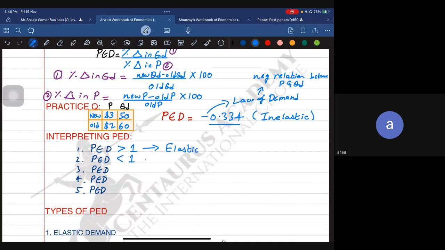Less than one, it's price inelastic. Equal to 1, it has unitary elasticity of demand.